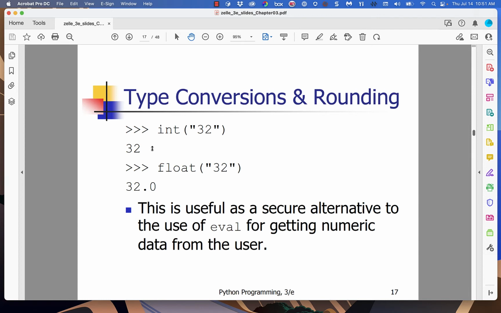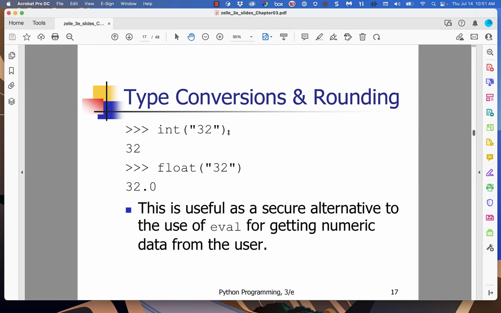So when we're doing user interface, the user types in string numeric values, okay? And when we print out string numeric values, okay? But when we're doing some kind of input, if the user is going to type in a 32, we need to convert it to an int 32 by calling int on it.